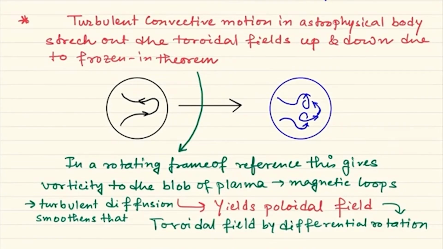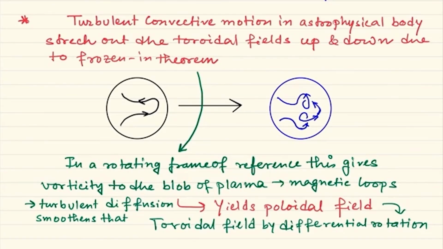Even for an incompressible fluid, we do not need an initial vorticity, but the solid body rotation of the plasma itself gives the plasma a vorticity, and that vorticity would evolve in time.